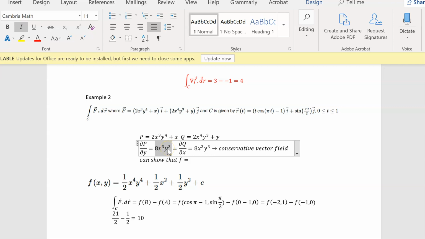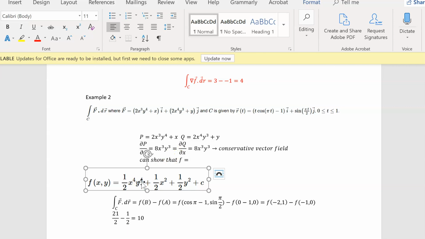But then there could be a constant which is a function of x alone, and then you differentiate again and find that constant, and so on and so forth. Finally, with that type of approach, you can get the small f, or the potential function, as this.